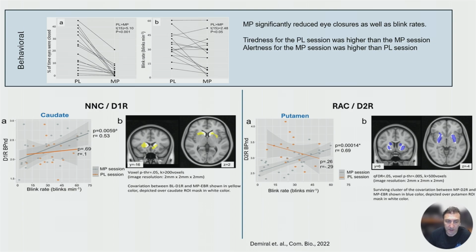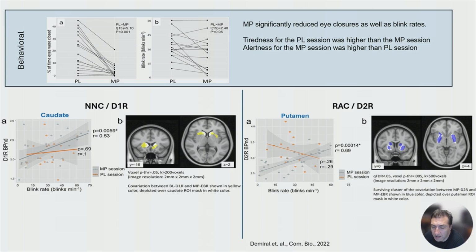On the left side, you see the D1 receptor densities in both the methylphenidate session and the placebo session across subjects. Blink rates were more correlated with the D1 receptor densities across subjects in the caudate region, which is shown as a voxel cluster in this depiction of the D1 receptor density SPM significance.